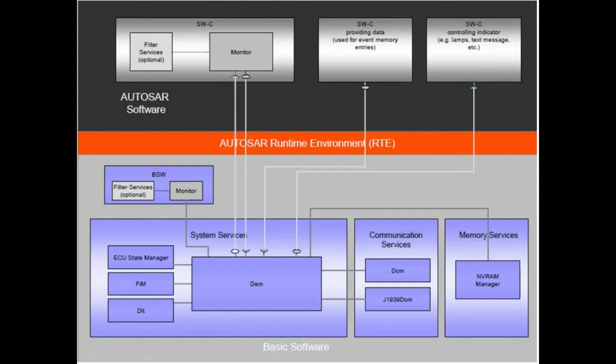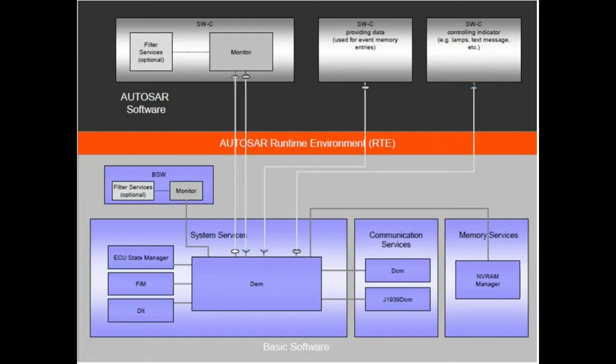In system services we have ECU State Manager, FIM, Function Inhibition Manager, and DLT is part of DCM, and the DEM will interact with the DCM, which handles the UDS services.